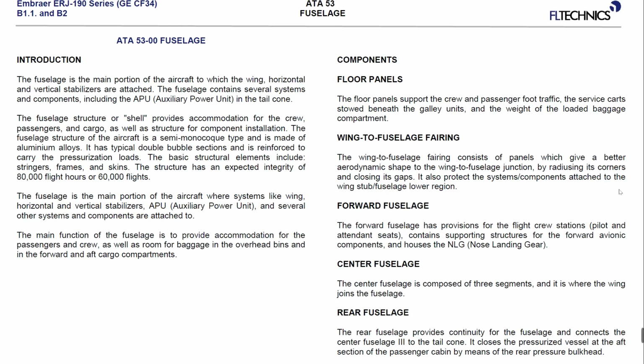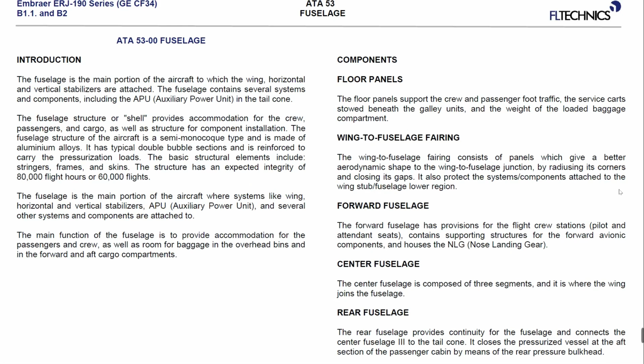When Embraer designed the aircraft, they calculated that the integrated life of the aircraft will be approximately 80,000 flight hours, or approximately 60,000 flights, like cycles. The components of the fuselage are floor panels for the cabin and cockpit, also in the cargo.